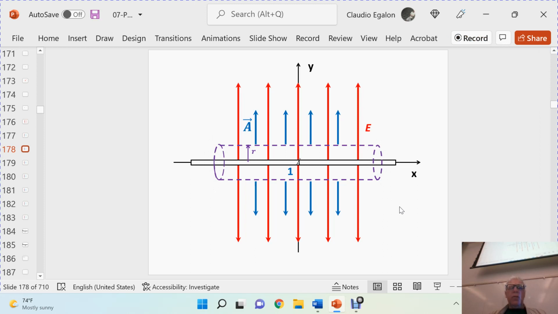The other two surfaces are the caps: cap 2, or surface 2, and cap, surface 3.